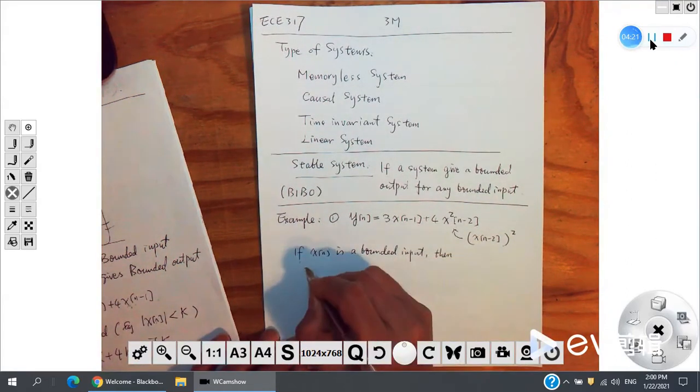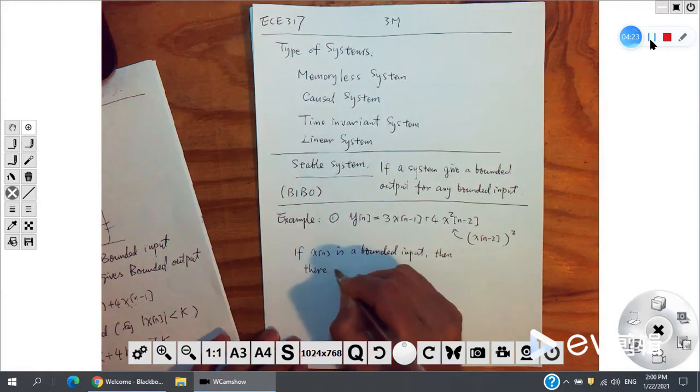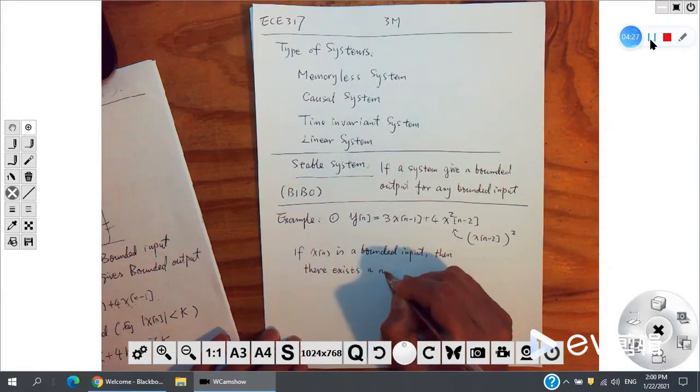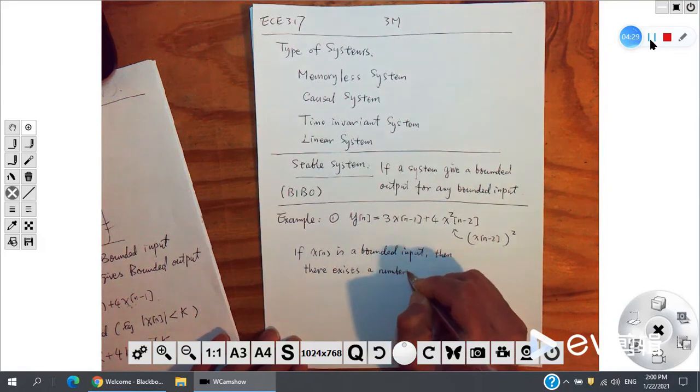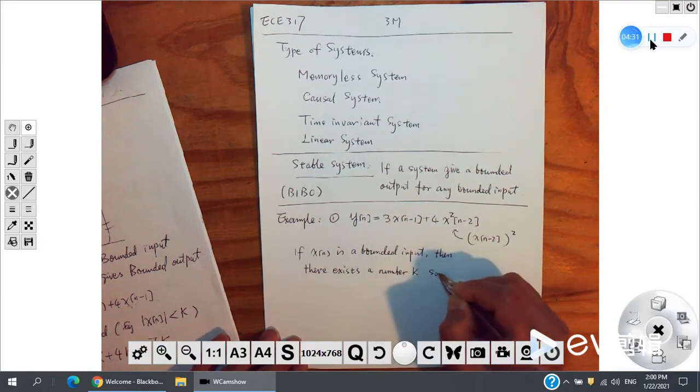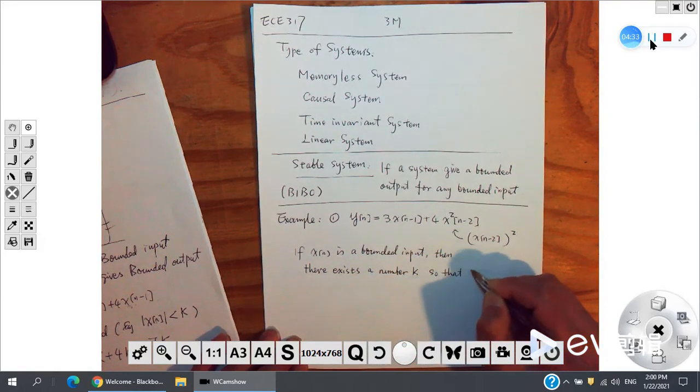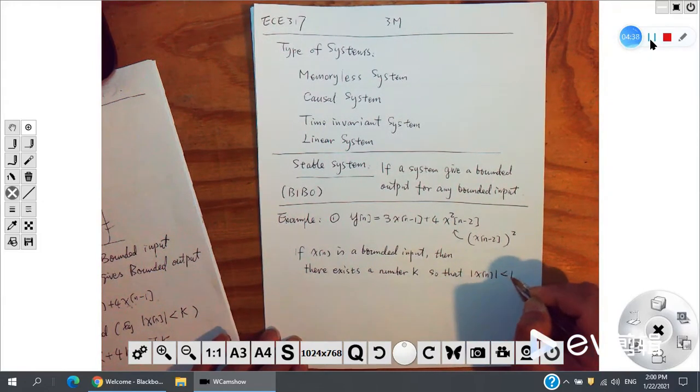Then there exists a number k so that the absolute value of x of n is smaller than k.